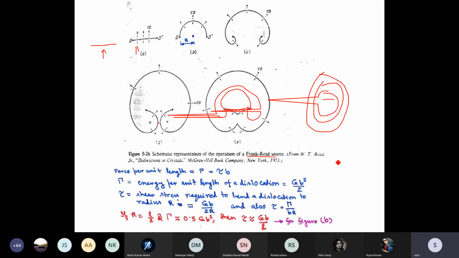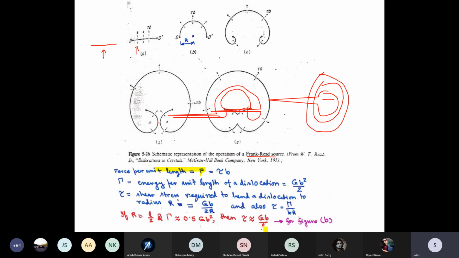This force F is tau B. This capital lambda is the energy per unit length of the dislocation, which is GB squared by 2. B is the Burgers vector, G is the shear modulus. We are not going into the derivation of this because you will learn it next semester. Tau is the shear stress required to bend a dislocation to radius r. This is the radius r.